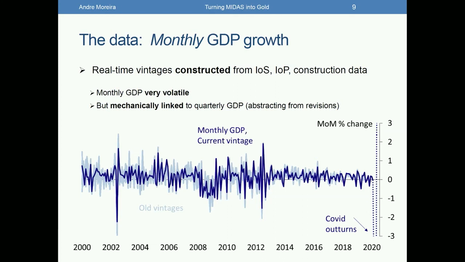So you can construct a very good approximation of real-time vintages of monthly GDP from aggregating up the real-time vintages of the index of services and industrial production and, where available, construction, because that came a little later. But the key thing about the monthly GDP data, as I said, is how it is just mechanically linked to quarterly GDP, and that's a very important property that we want to exploit.